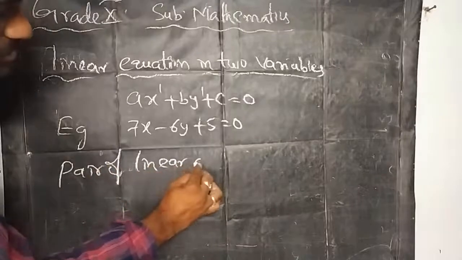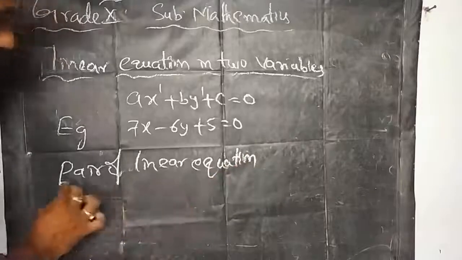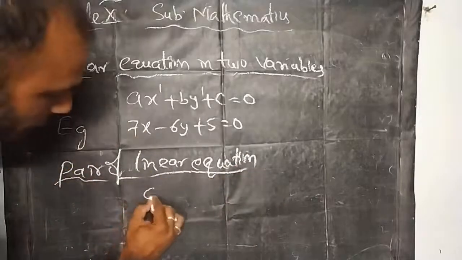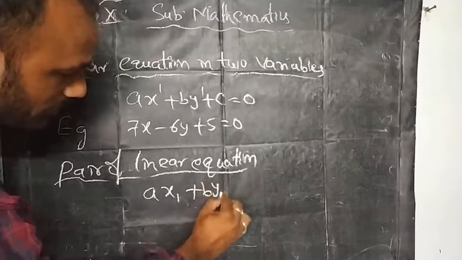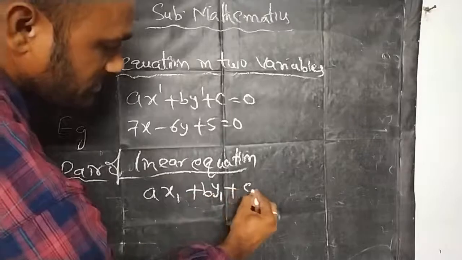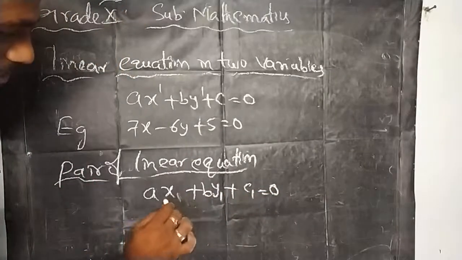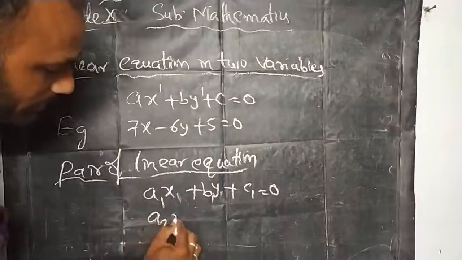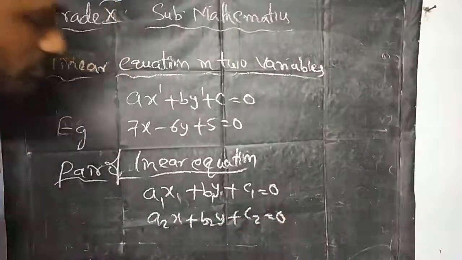Pair of linear equations means we have to take two linear equations. It's not one, we have to take two. So how can we define the standard form here? a1x plus b1y plus c1 is equals to 0, and a2x plus b2y plus c2 is equals to 0.